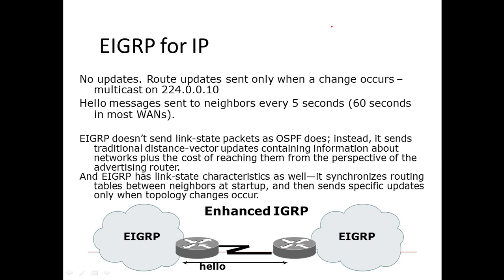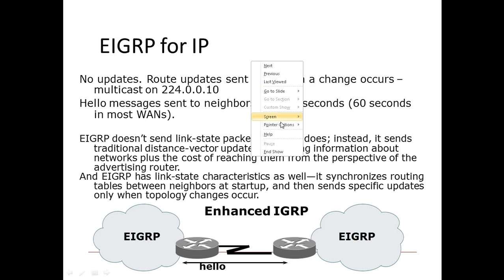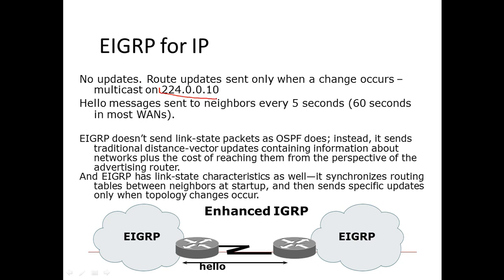And this also supports the IP protocol. You know that IP is very essential. So EIGRP also supports the IP protocol, and the route updates are sent using the IP address 224.0.0.10.